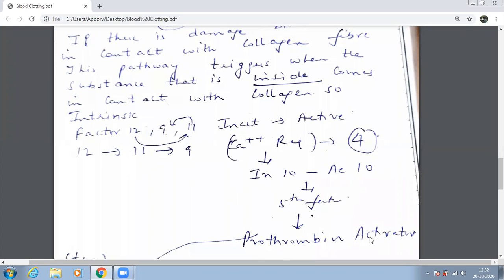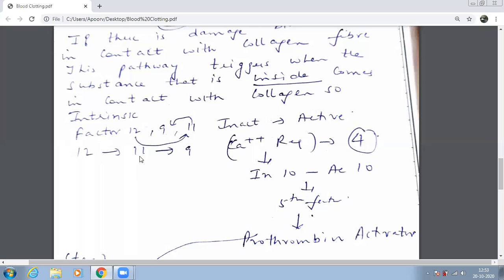You simply learn it this way: it is called intrinsic because it is the blood which comes in contact with the collagen, and collagen was present in the outermost layer. How many factors are involved? Just learn this: 12, 11, 9, 10, 5. Learn in this sequence. We'll add on later. Actually, after 9 comes 10 and after 10 comes 5. That is why I've written it in this sequence.